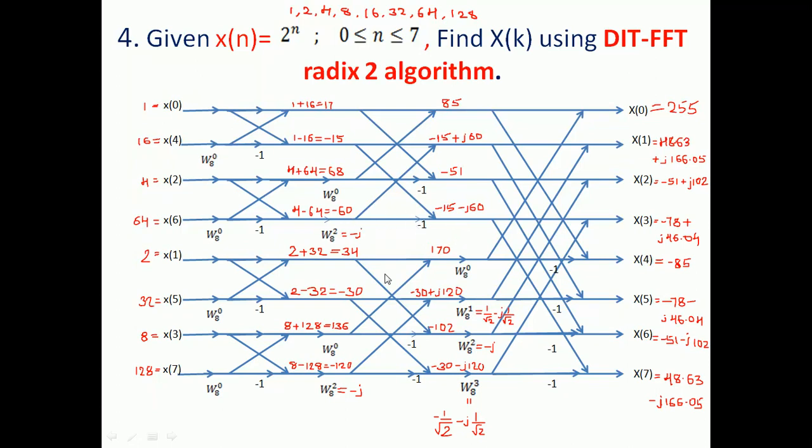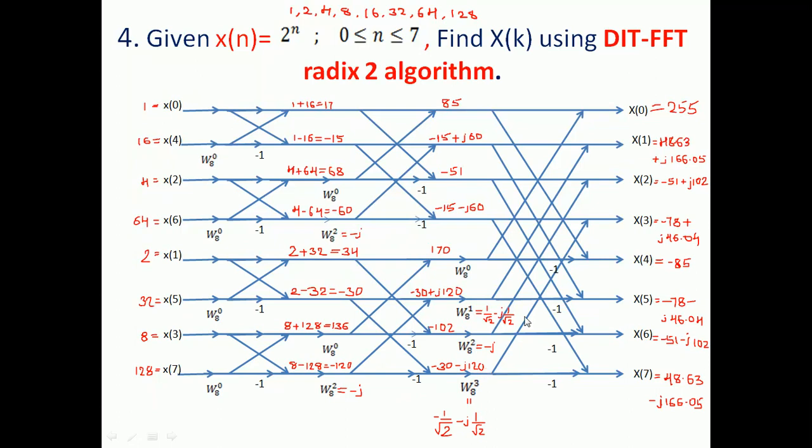So this is 34 plus 136, you will get 170, and this is minus 30, minus into minus plus j 120, and this is 136, that has to be multiplied with minus, so minus 136 plus 34, you will get minus 102. At this point we have minus 30, minus into minus, that is minus j 120.